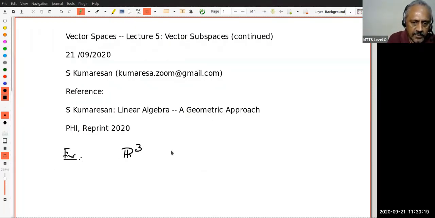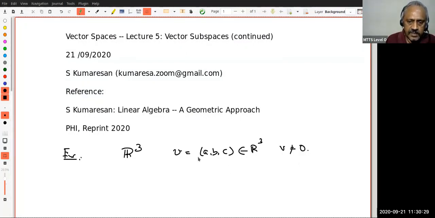Start with the vector V, call it (a, b, c), in R3. Assume V is not the zero vector, that is, at least one of a, b, c is non-zero. Let us assume W is a vector subspace of R3 and V belongs to this.